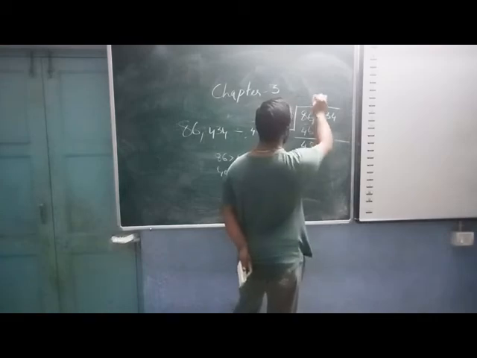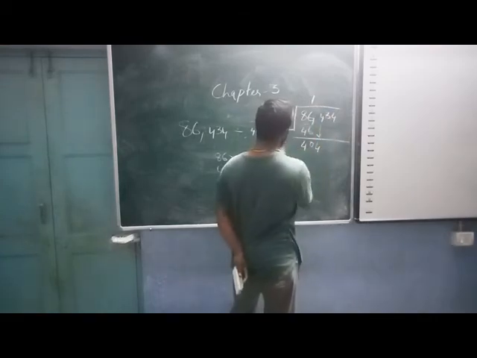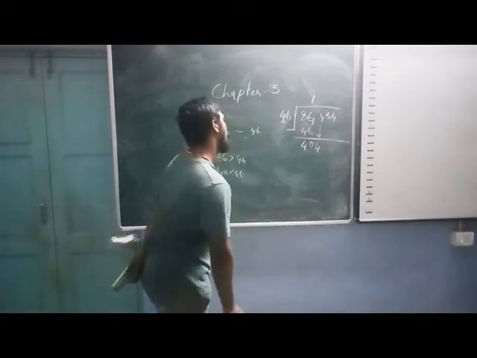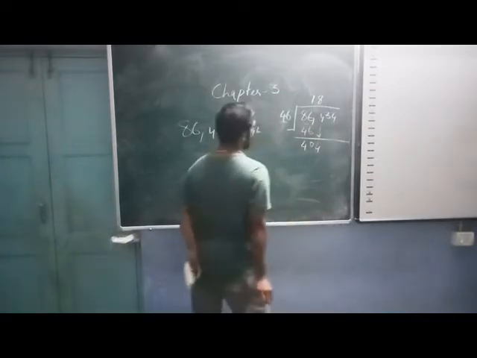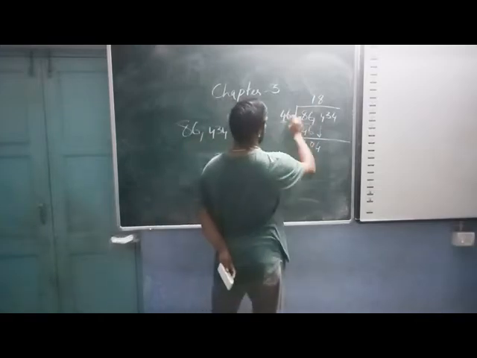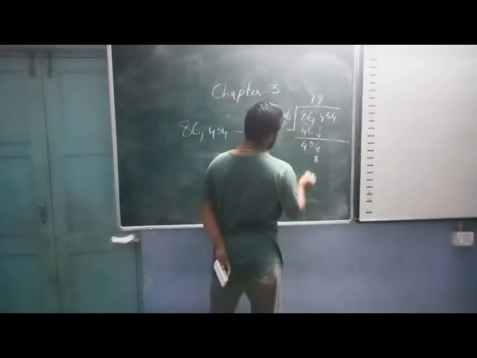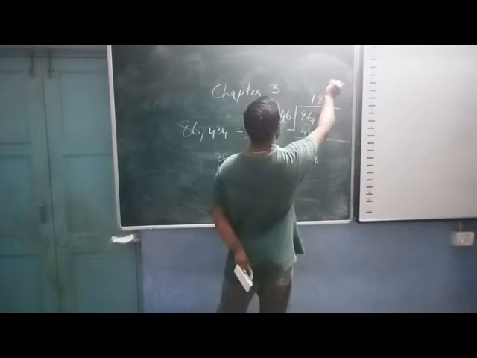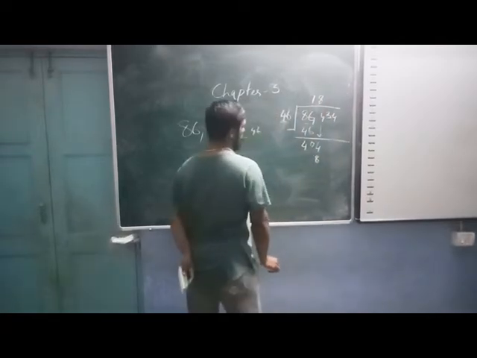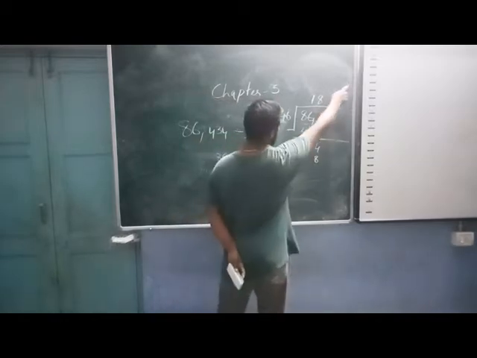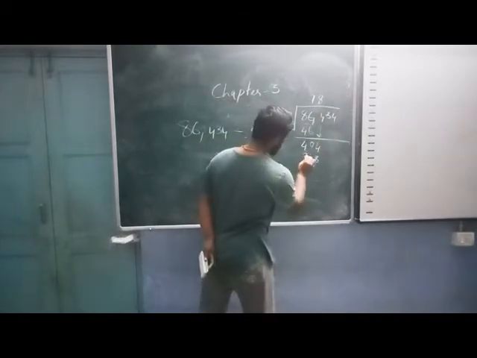How many times does 46 come closer to 404? It is 8 times. So let us see how it is 8 times. 8 6s are 48. So 4 is the balance. 8 4s are 32. 32 plus 4 is 36.